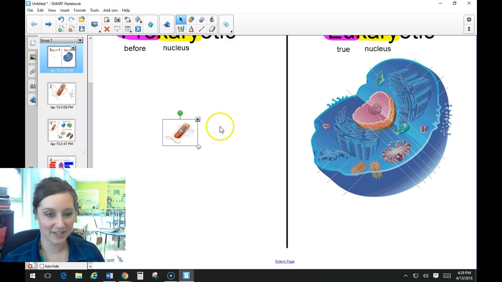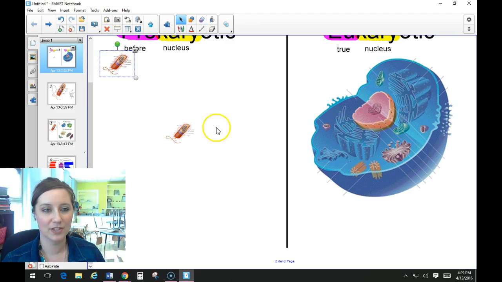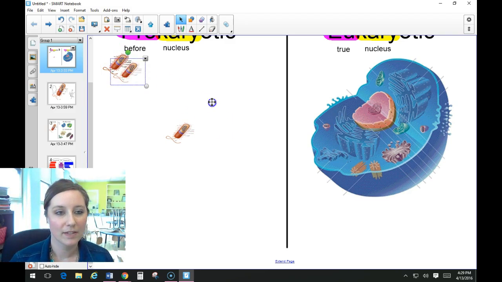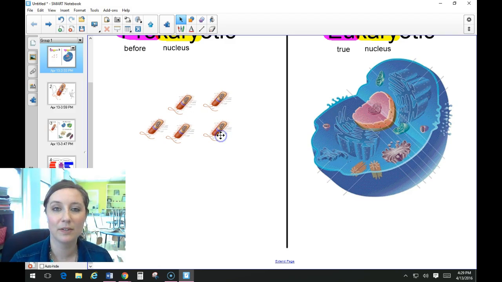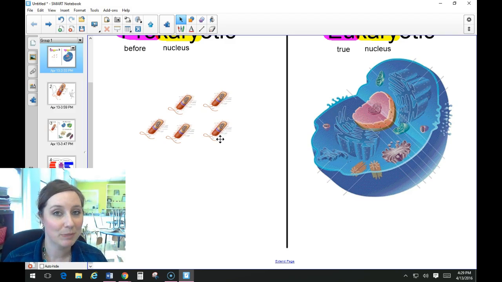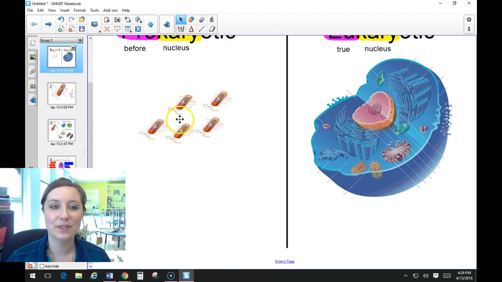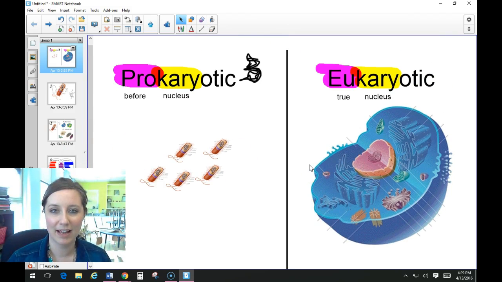And so because of their size, it actually makes them much easier to replicate themselves or reproduce. They're very simple and they're very small. So they're going to reproduce really, really easy, which makes sense because bacteria, they want to reproduce very easily so they can infect their host, which in turn makes us sick. So there is kind of the overview on prokaryotic and eukaryotic cells.